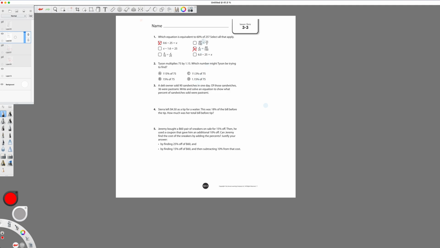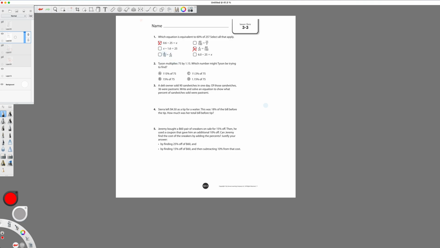And then what you could do is go through and solve the others and see which ones give you the same answer. But if you look at your choices here, the 25 should be in the denominator because it's what you're finding the percent of, and this is in the wrong place. This has 1.6. There is no 160%, so that doesn't make sense. Here this has 6. That's the decimal, not moved the right number of places. So this one actually works.